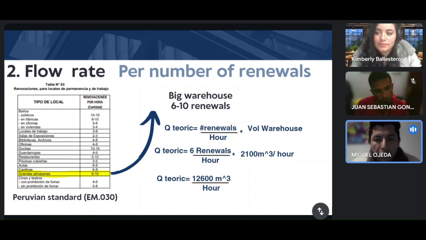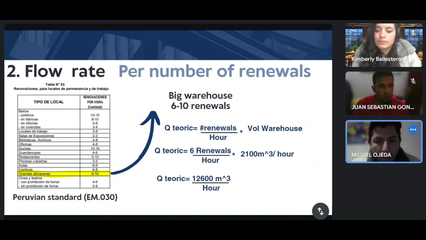Additionally, take into account that the per capita area is 3.19 square meters. The height of the warehouse is 3.5 meters. The activity is one in which odors are generated.